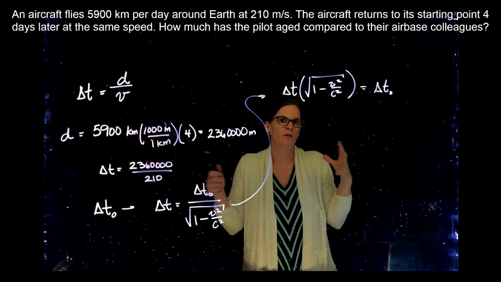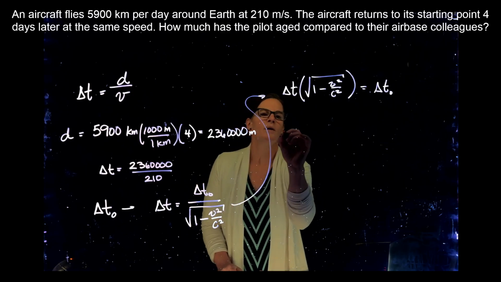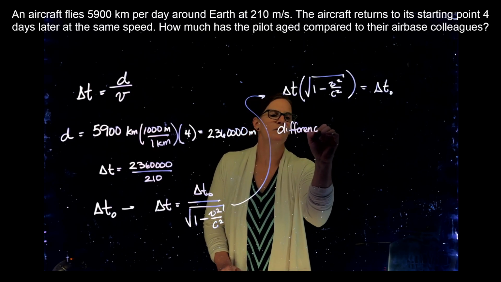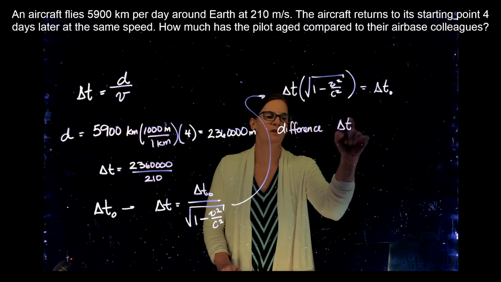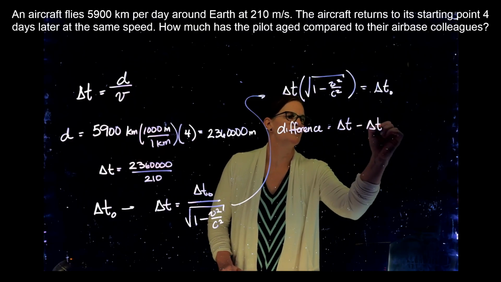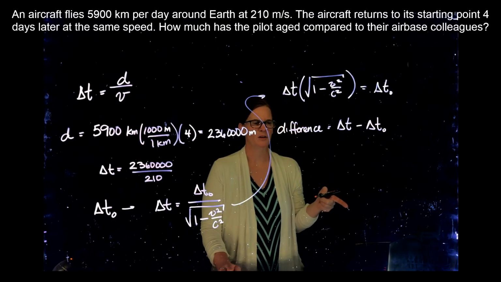And so we really want to know the comparison between the two. What's the difference between the two of those? So the difference, of course, is the time the person on Earth ages minus the time the person in the plane ages. That's what we're really interested in for the answer to this question.